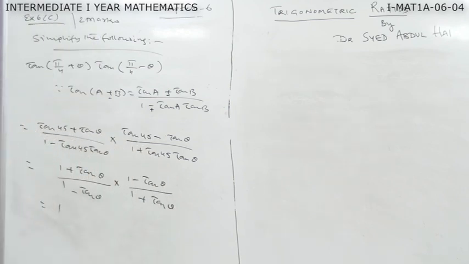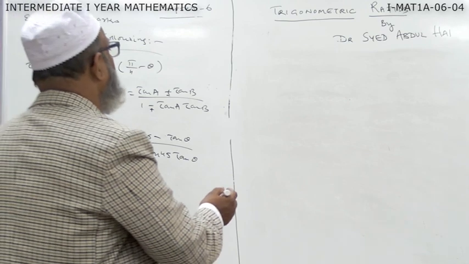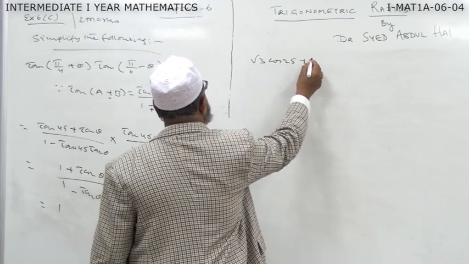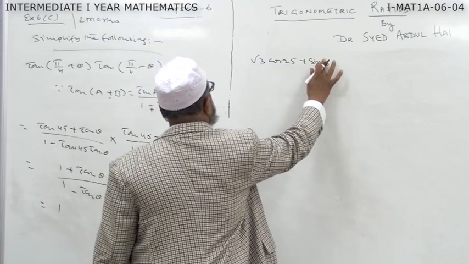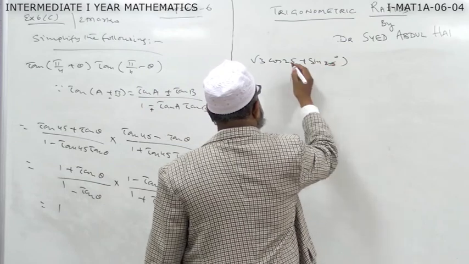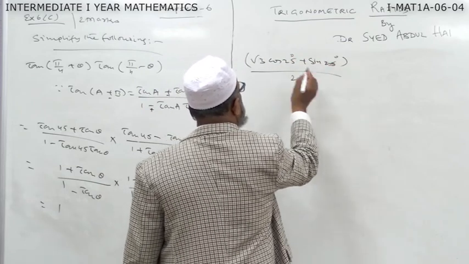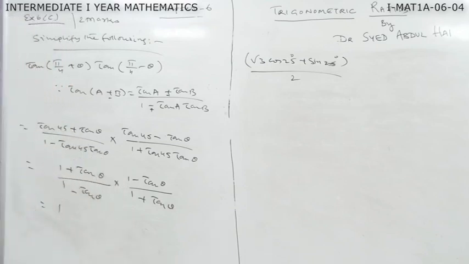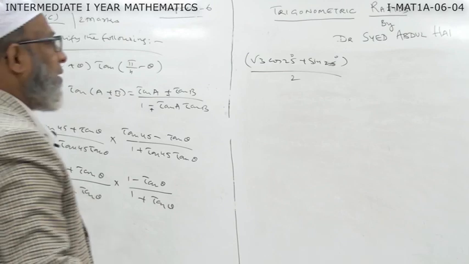Express root 3 cos 25 plus sin 25 divided by 2 as a sine of an angle.